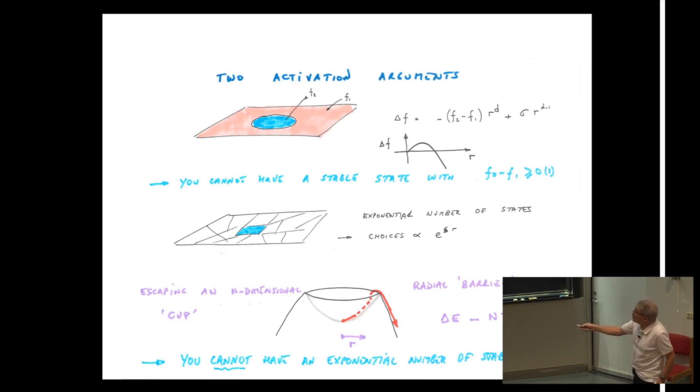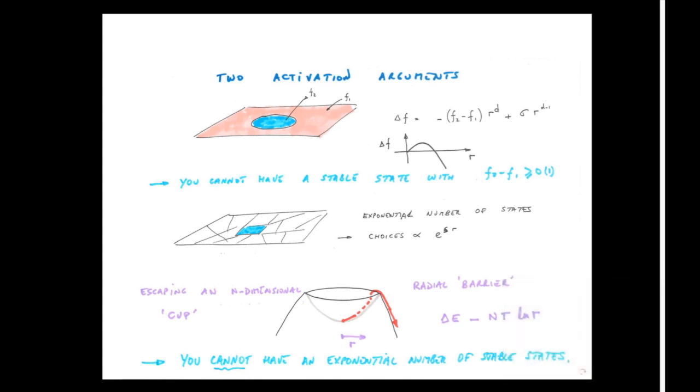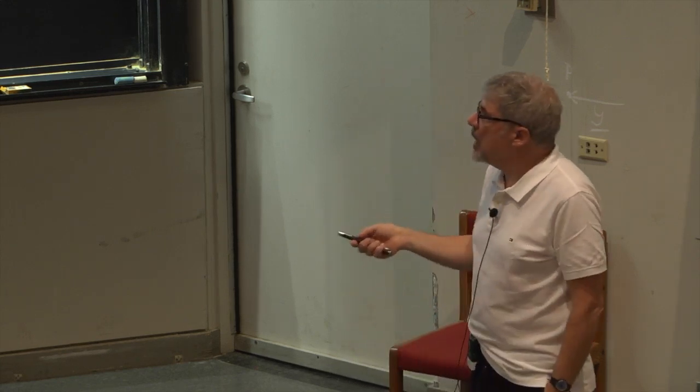Because as you grow, you have this blue thing that wants to grow, but if you assume that there are exponentially many, they have to coincide at least in some places, because you can only produce things out of the particles you have. And it turns out that all these combinations of possibilities, the more you grow, the more possibilities are offered to you. And just because the number of possibilities is very large, this will make a droplet grow and kill your initial phase. It's a more subtle argument, but think of it in this way.